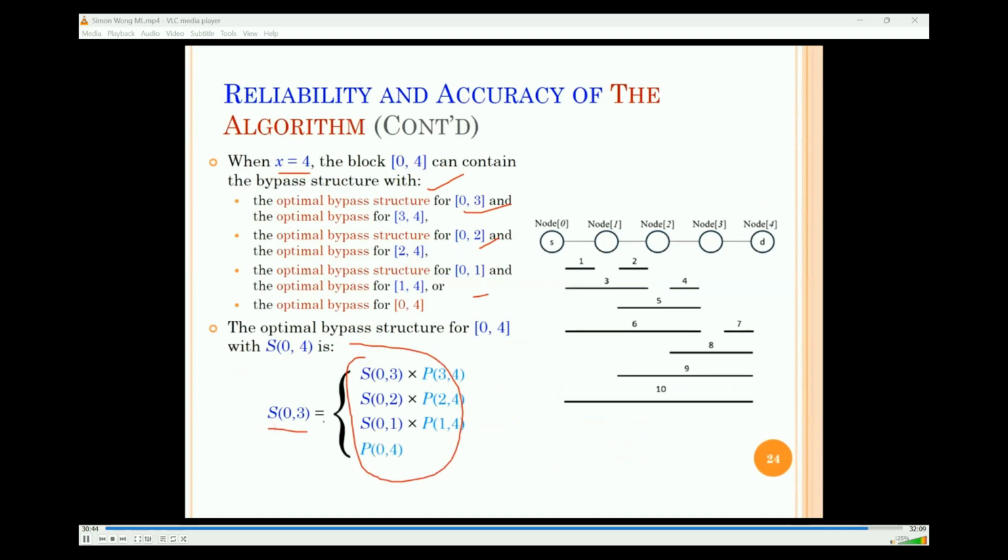So in this case, we can ensure that this bypass construction algorithm can find the optimum bypass structure between the source and destination with the highest availability.